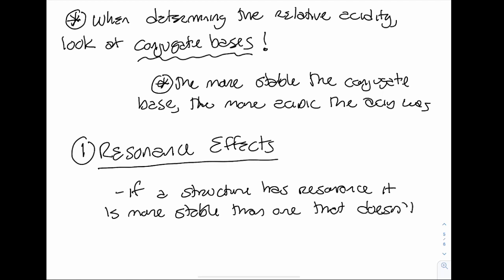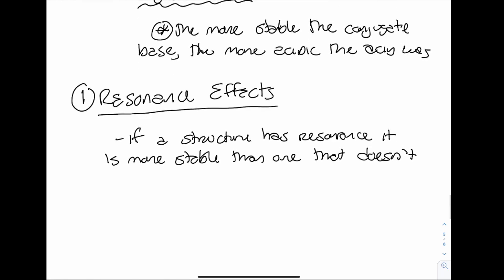Remember, when something has resonance, what we're doing is delocalizing those electrons. And if we can do that, it's less reactive. Again, chemical reactions involve electrons. So if I'm spreading them out over the entire molecule, they're not as able to react. So anytime we have resonance, it's going to be more stable compared to something that doesn't.